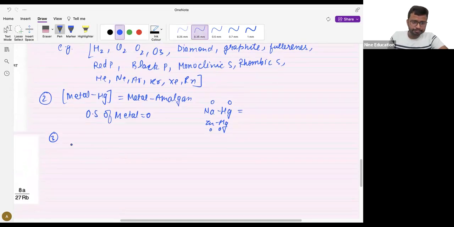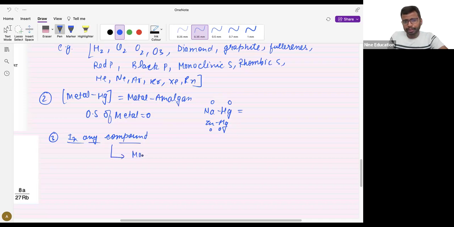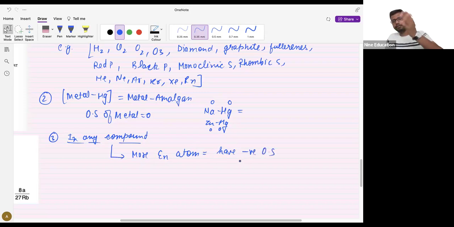Third one. In any compound, check, the more electronegative atom will have negative oxidation state. If you have a more electronegative atom, it will try to shift the electrons towards itself and it will have negative oxidation state.